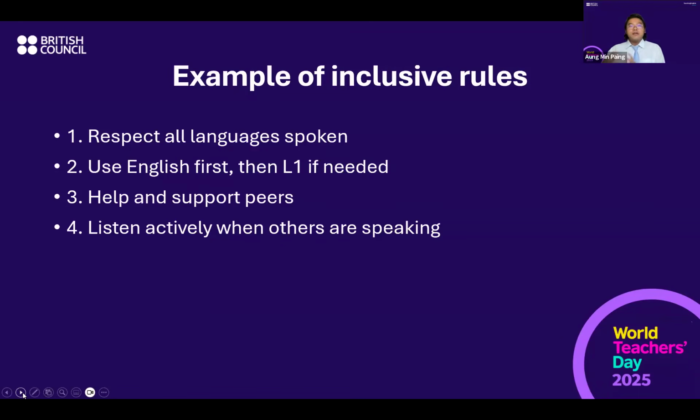But since this is if needed, we don't necessarily need to use L1 every single time. We anyhow should encourage them to use English first of all. And help and support peers. This is really, really important in a classroom. The reason is learners can learn from each other instead of learning from a teacher specifically for the whole course, for the whole class.